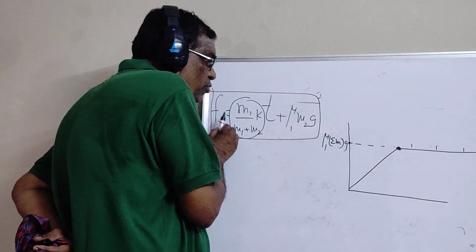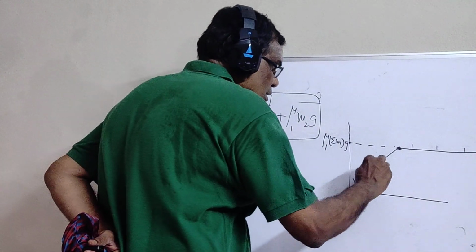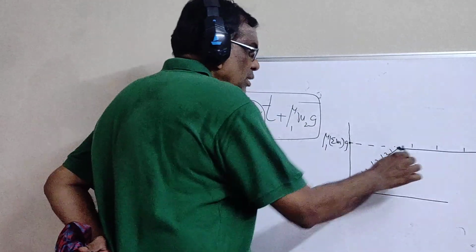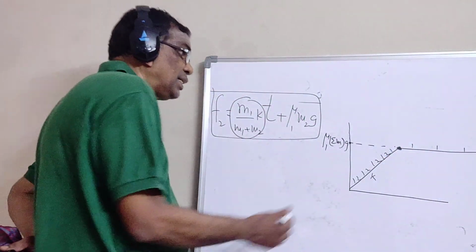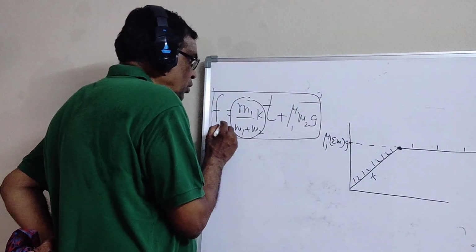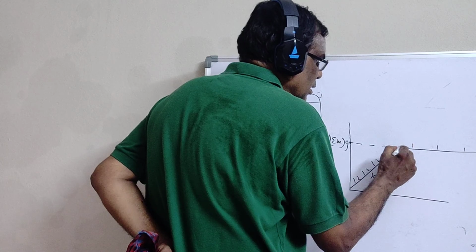And the slope of F2 here is k. Here the slope is 0, it no longer varies with time. But for F2, the slope is less than that, so it can't go like this.